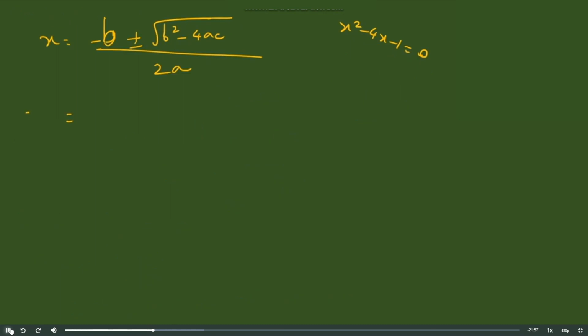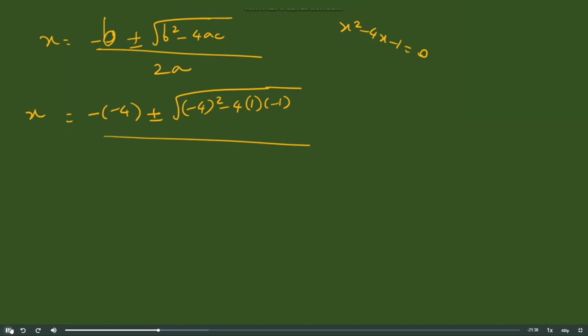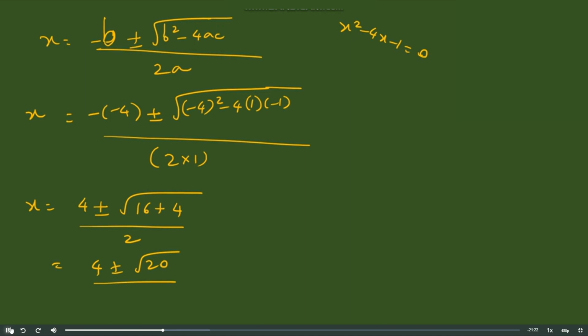So x is equal to minus of minus 4 plus or minus square root of b square, minus 4 whole square minus 4 into 1 into minus 1, by 2 into 1. x is equal to 4 plus or minus square root of 16 plus 4 by 2, which is 4 plus or minus square root of 20 by 2.